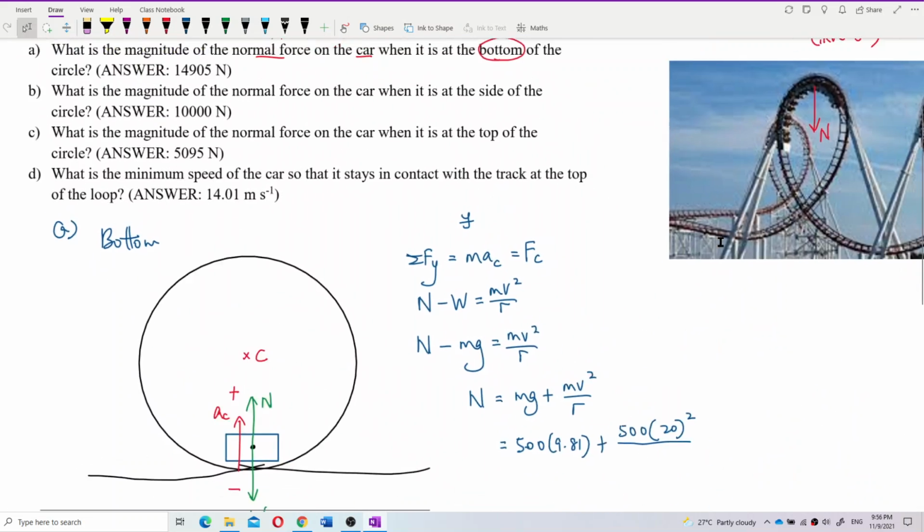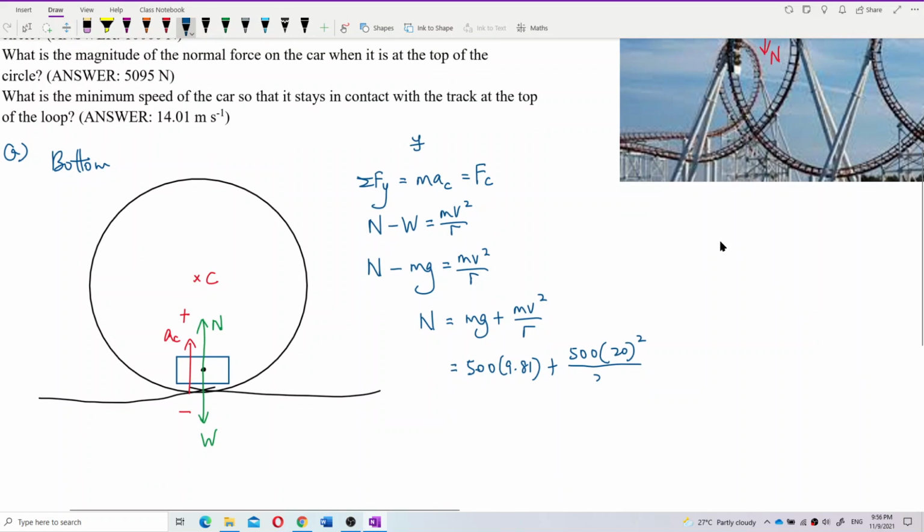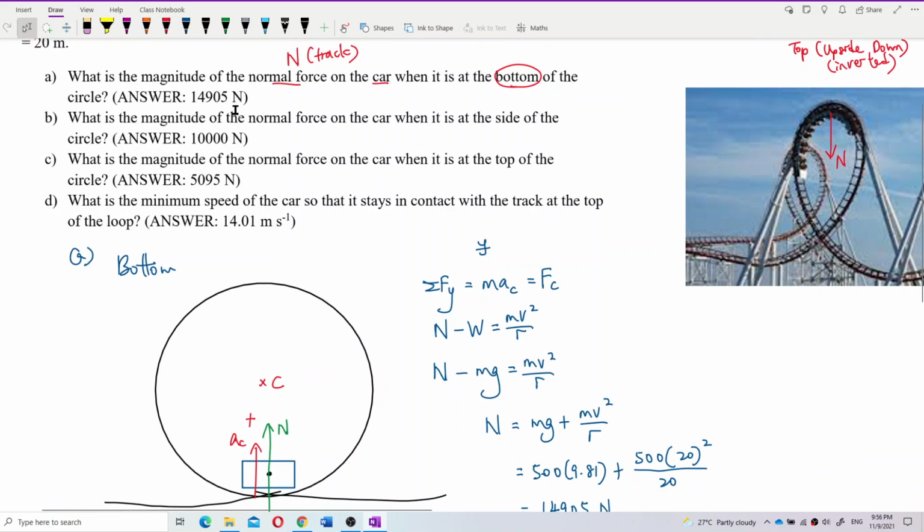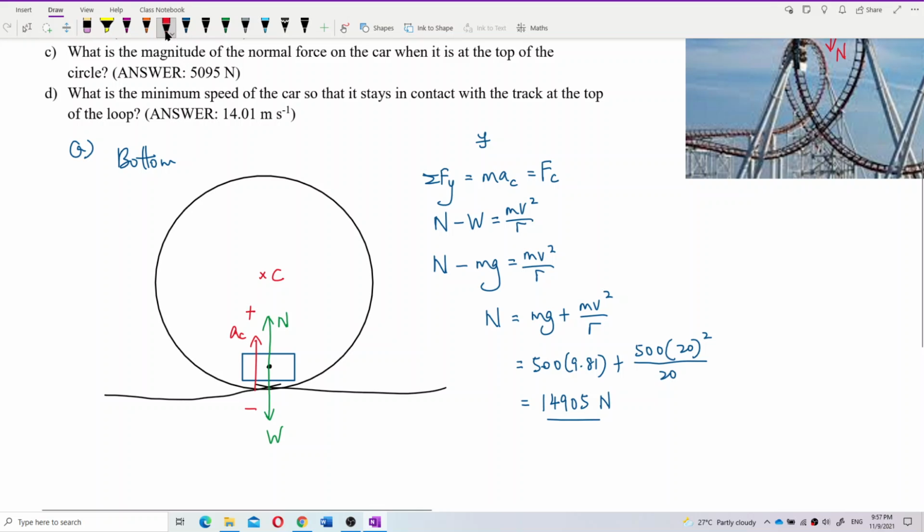R is 20 meters. So let's calculate. The answer is 14905 Newton. That's the normal force at the bottom. Is it correct? Yeah, that's correct.